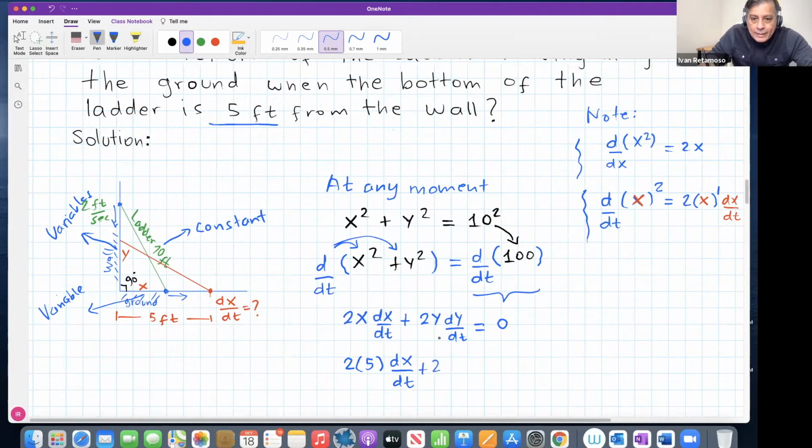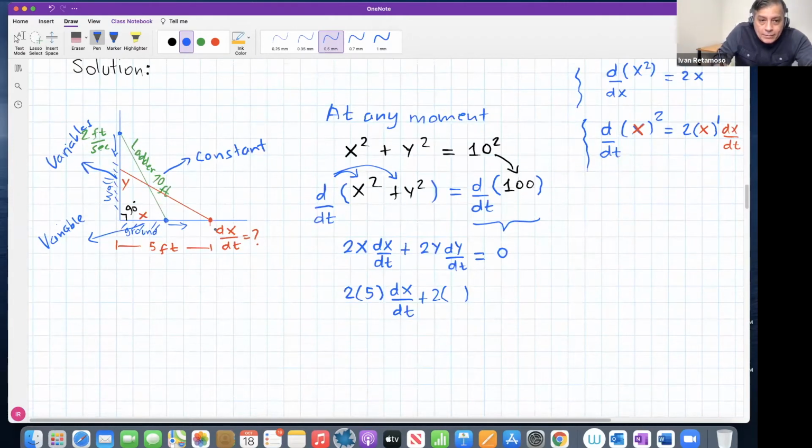Twice here, y. Do we have y? Let's see. At this moment, let's retrieve that triangle. When x is equal to 5, at this moment, we take a picture in our minds.